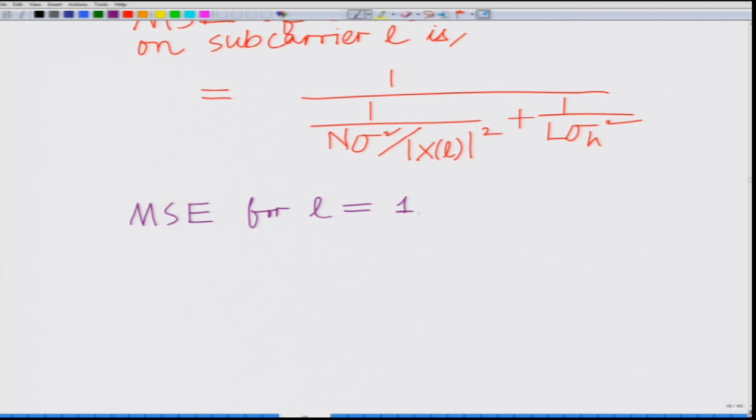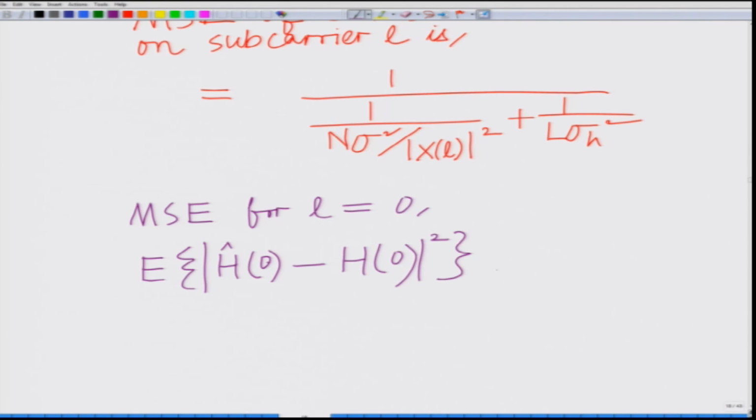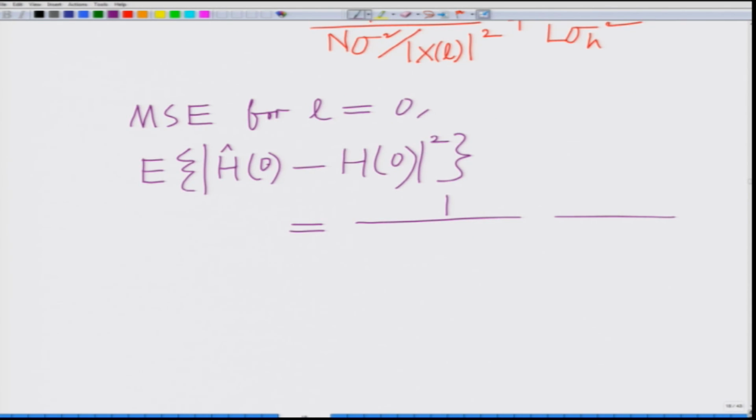Let us start with subcarrier 0. The expected value of magnitude h hat 0 minus h 0 whole square is equal to 1 divided by 1 divided by n sigma square divided by magnitude x 0 square, plus 1 divided by sigma h square. We know n sigma square is 2.